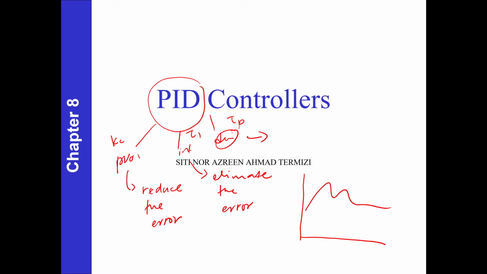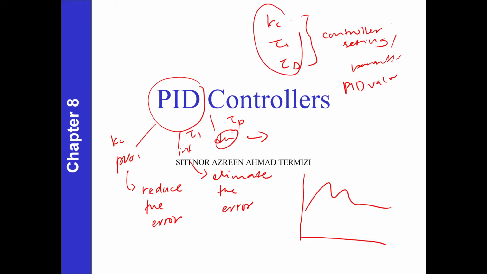So Kc, tau I, and tau d, someone might call it a controller setting, someone might call it a controller parameter, or just the PID value. So these three things would be referred to as controller setting, controller parameter, or PID value.